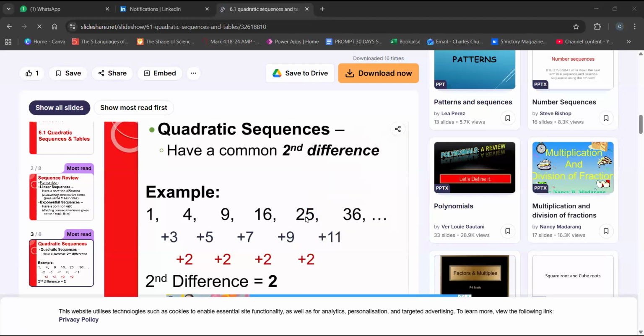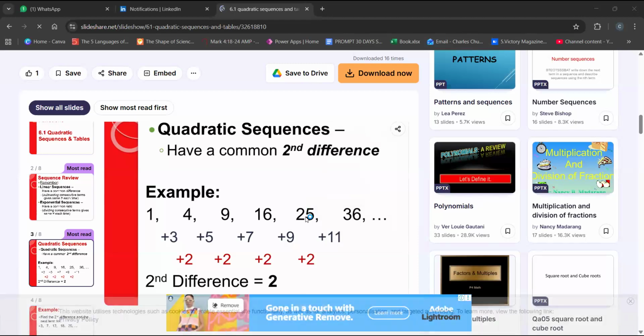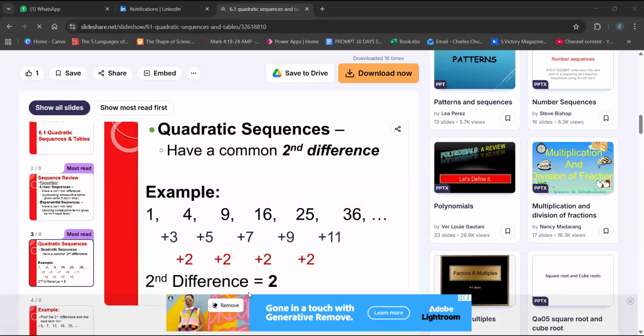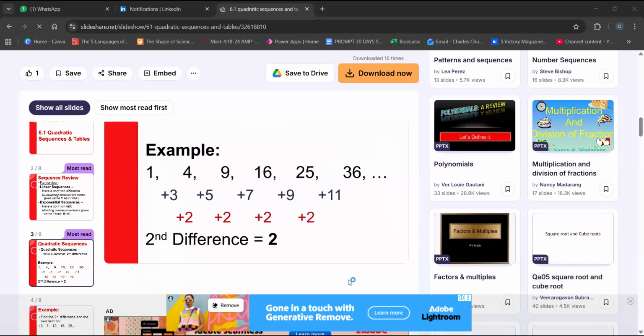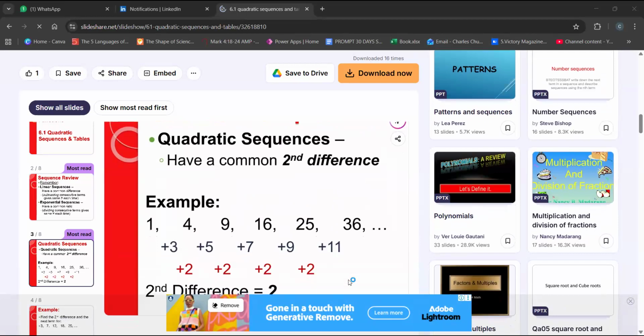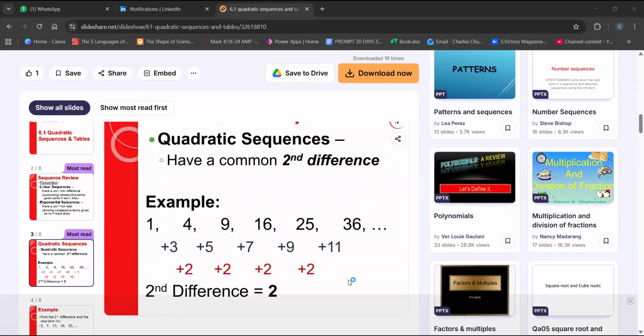Okay, so there are quite a lot of things. So I think this looks very similar.